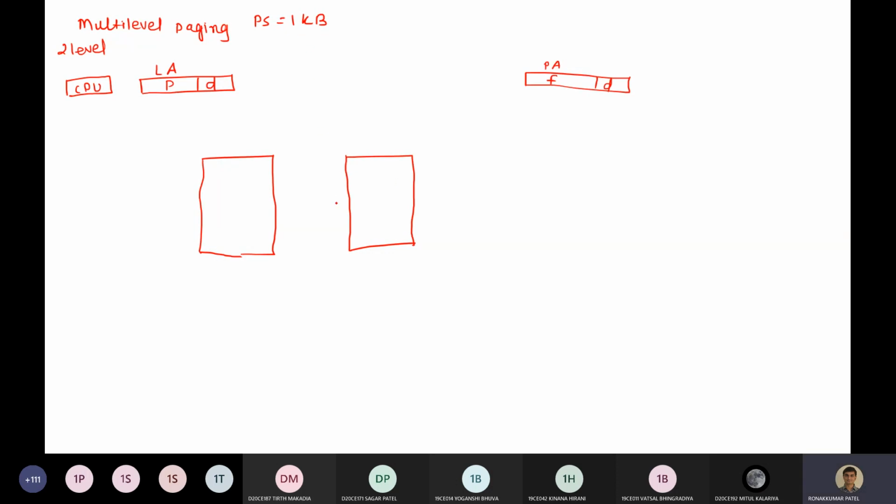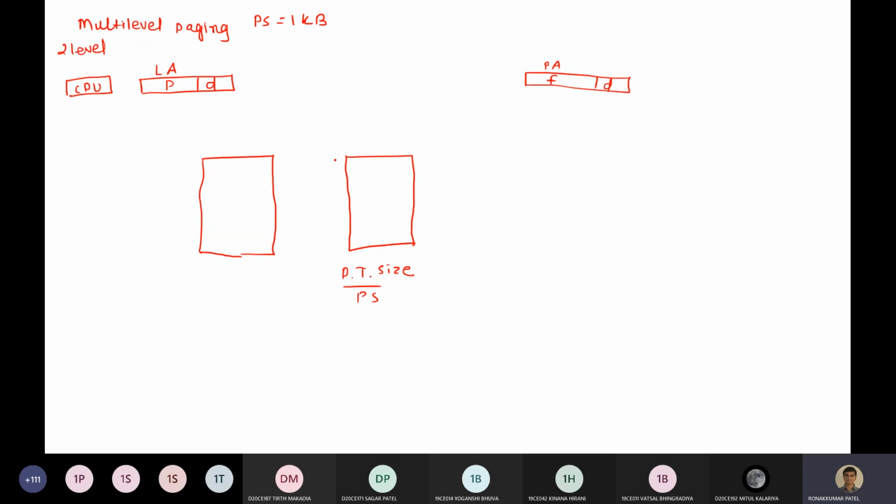So this is the page size, and you divide your page table, that is the page table size, with your page size. So what will you get? You will get certain numbers.